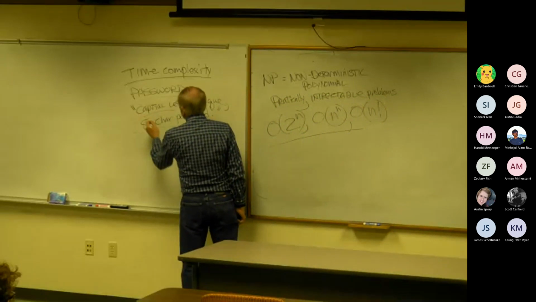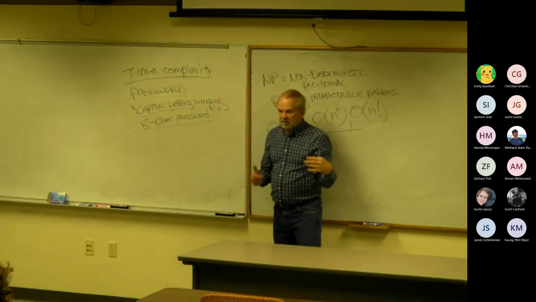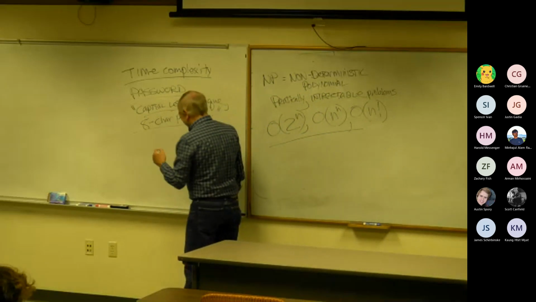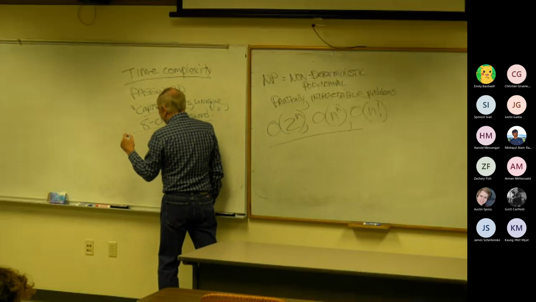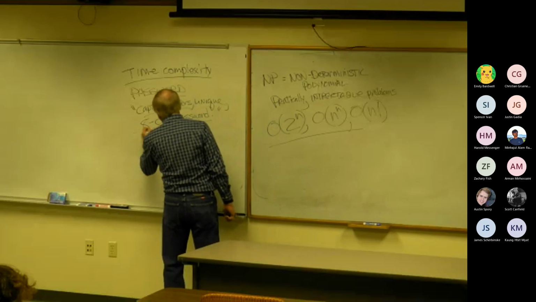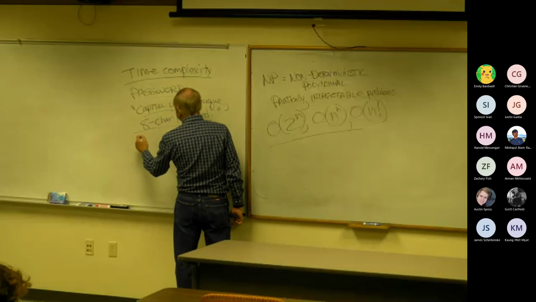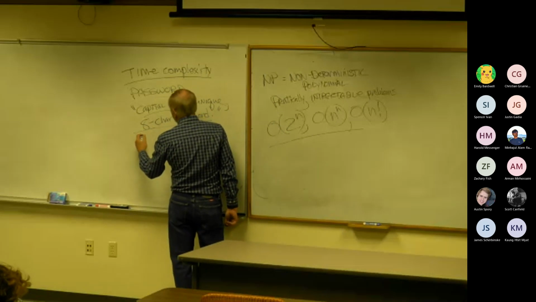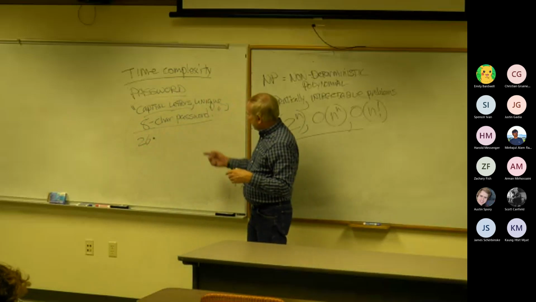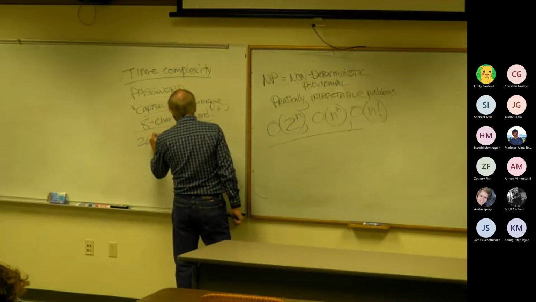If we only use the capital letters, how many different capital letters are there? 26 is good. You have 26 choices for the first character, and I said they're going to be unique within the password. So then you have 25.